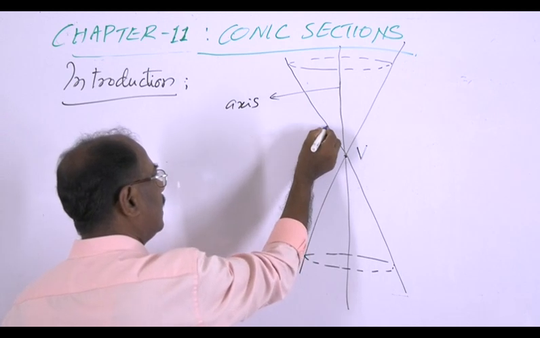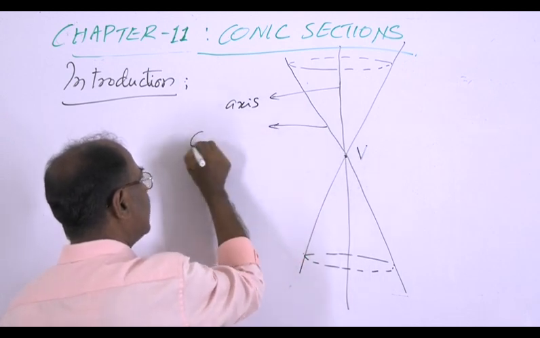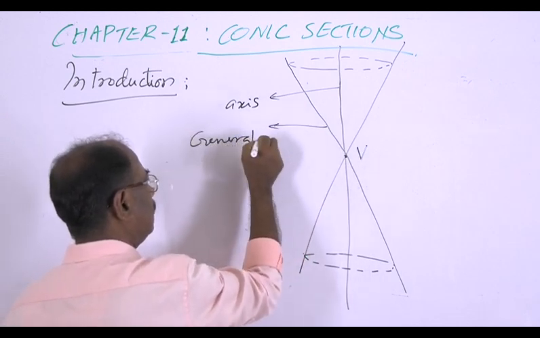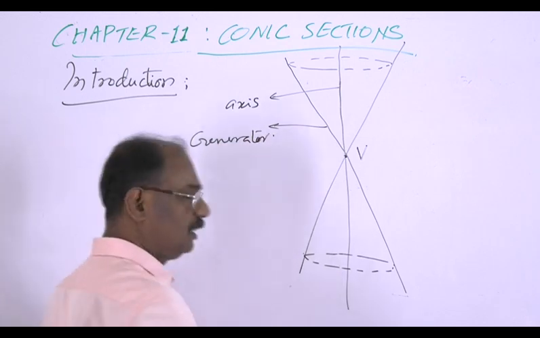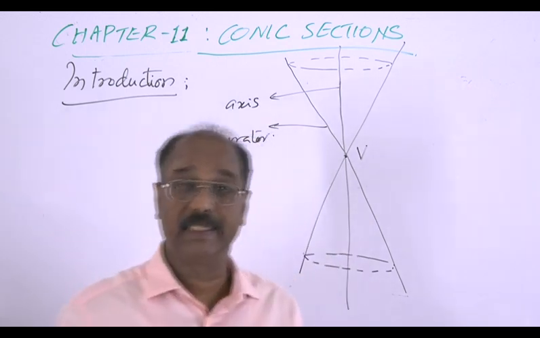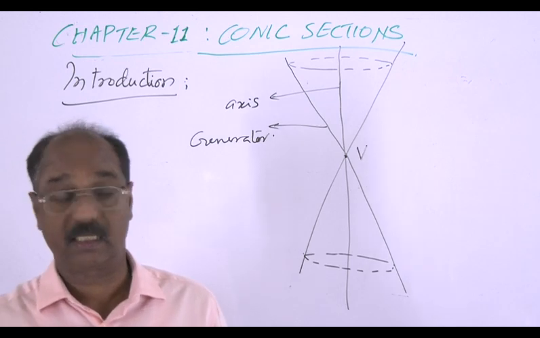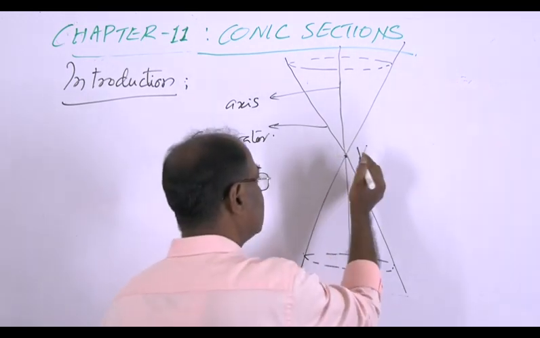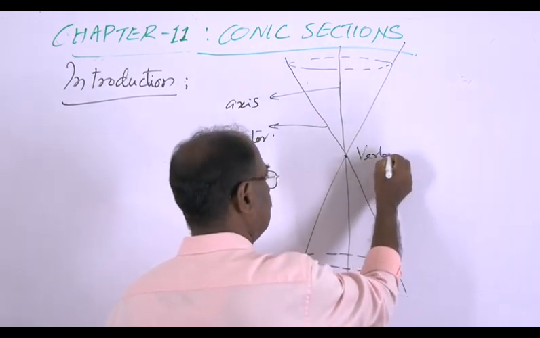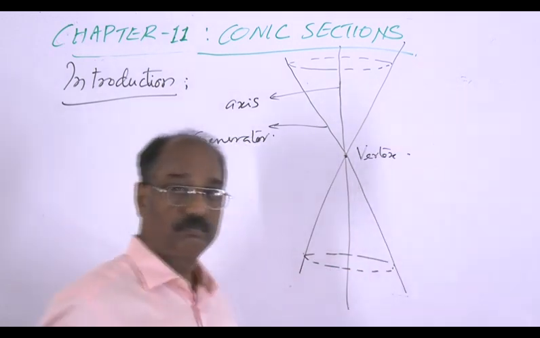And this rotating line is called the generator. That is, the cone is generated by that rotating line. It is the generator. And this fixed point V is called the vertex of the cone.